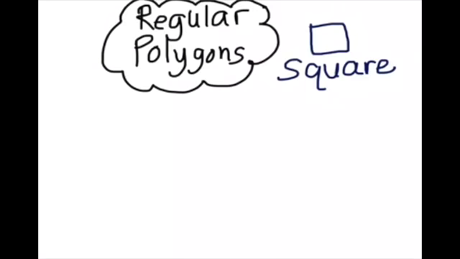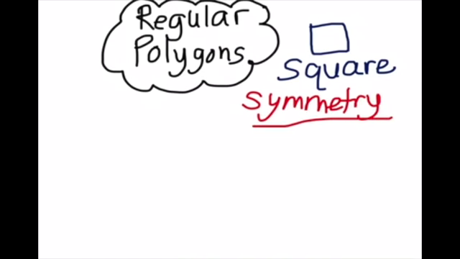All right, so we know the square is a regular polygon. Another reason why that's a regular polygon is because it has symmetry. You might have heard that word before, or lines of symmetry. What that means is if I cut that shape exactly in half, just like this, then they are both exactly the same on both sides.